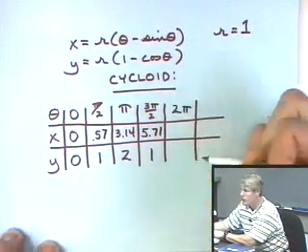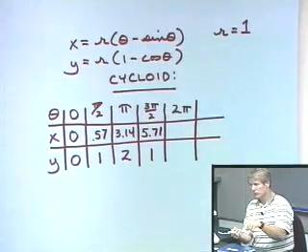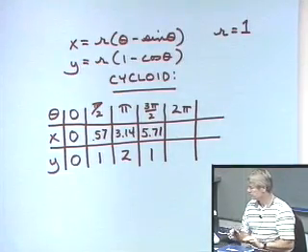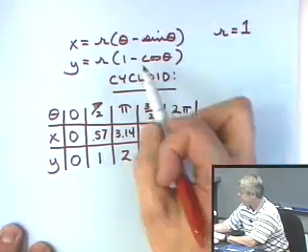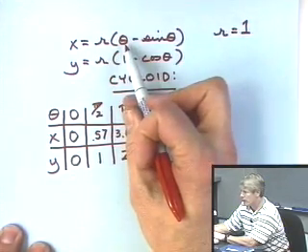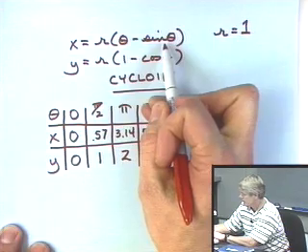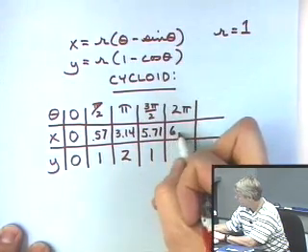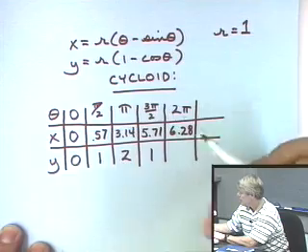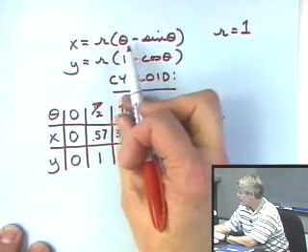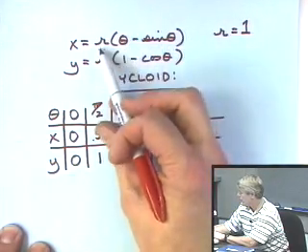And take it through one complete roll around. 2 pi. 2 pi is 6.28 approximately. What's the sine of 2 pi? 0. So that's 2 pi minus 0, which is 2 pi times 1.